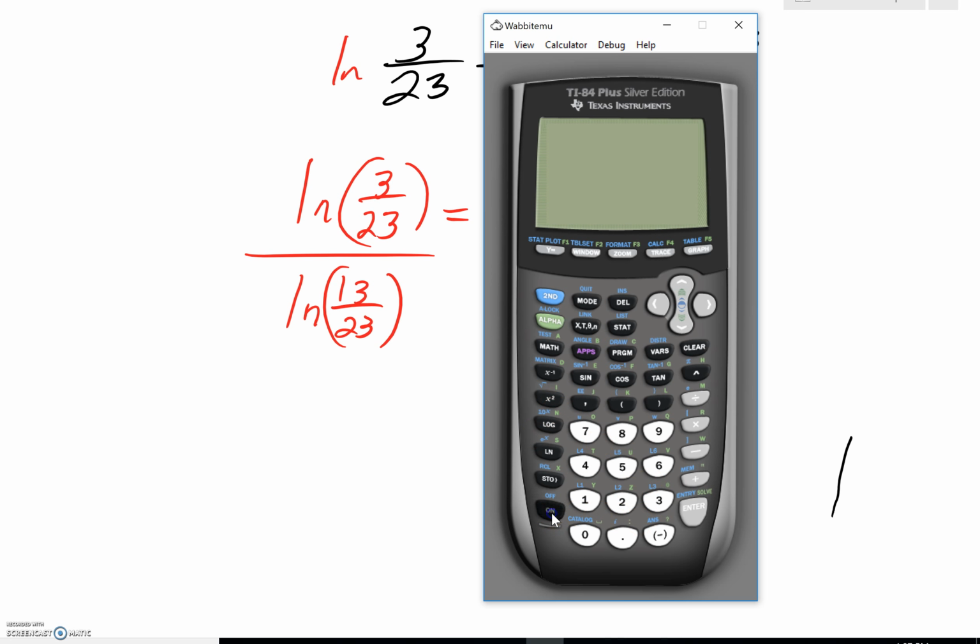And while my calculator is not being cooperative, there we go. A little slow there. ln of 3 over 23. Then I'm going to say divide that by the ln of 13 over 23. And that whole left side is really 3.570.